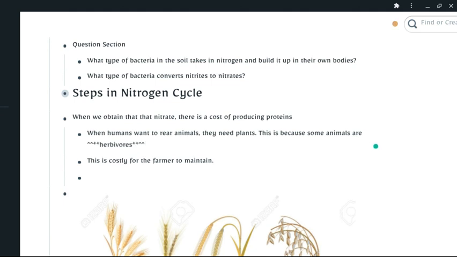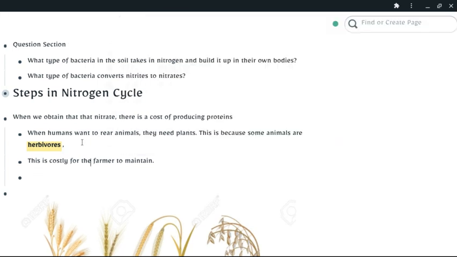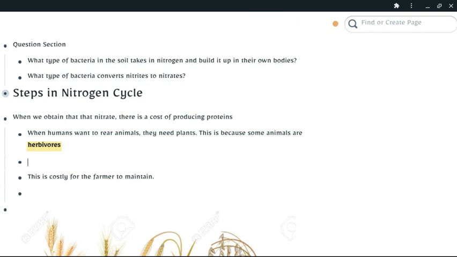Animals that eat meat, sir. Right. So if an animal doesn't just eat plants and they eat only meat, they are called carnivores. So when a farmer is rearing animals that only eat meat, carnivores, right? This is also costly to maintain because carnivores require, right, red meat.